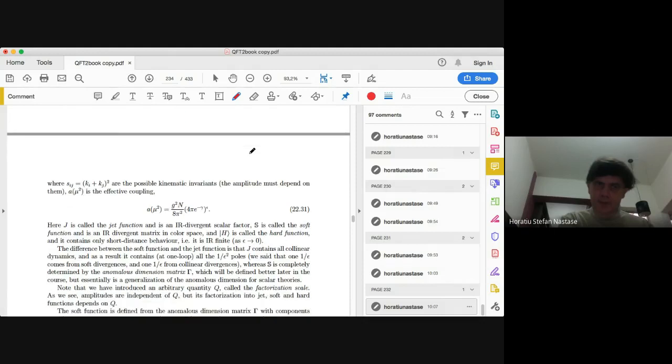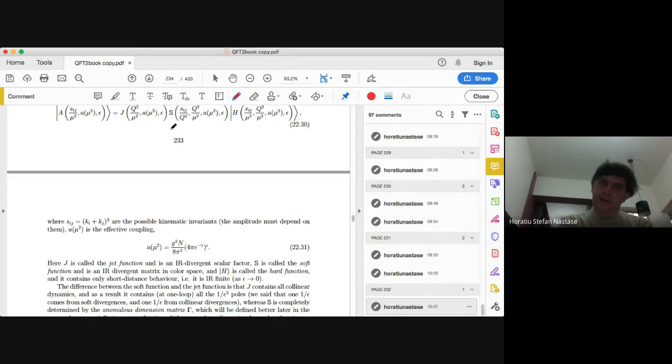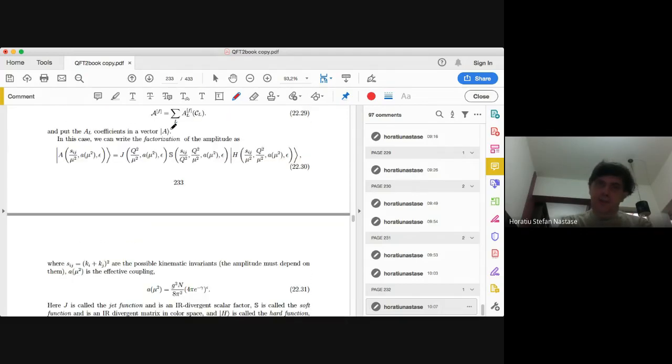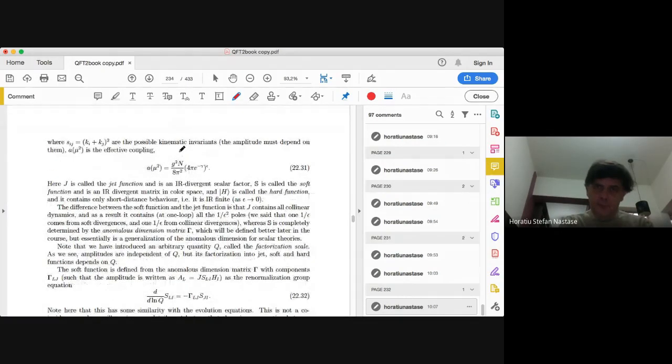Okay, as before. Now both J and S are infrared divergent. So you might wonder, why not just absorb J into S? But the point is that J contains all the collinear dynamics.